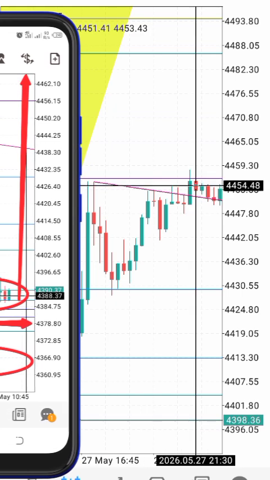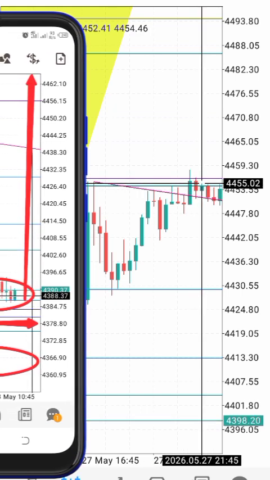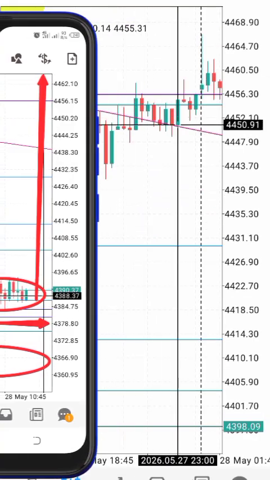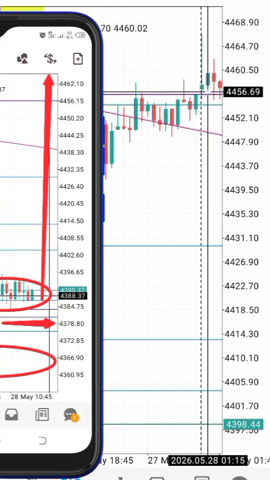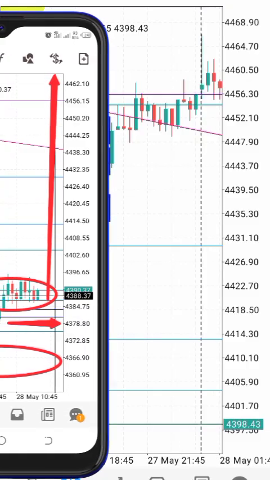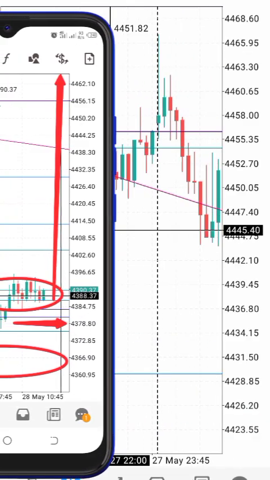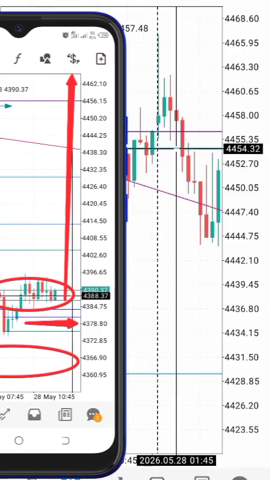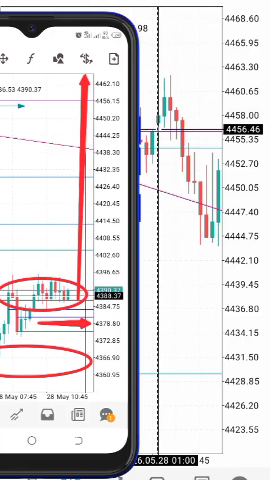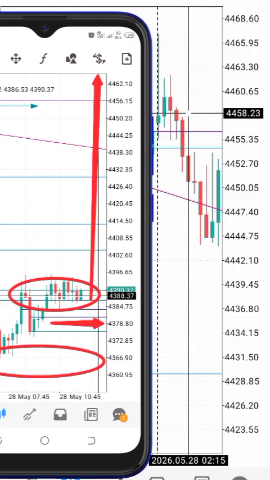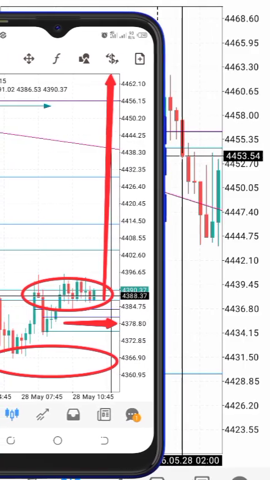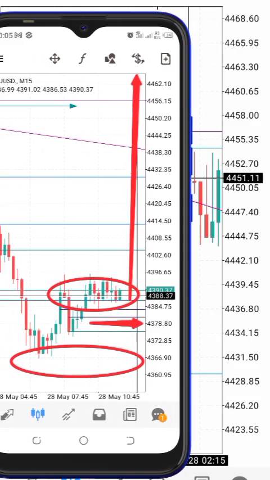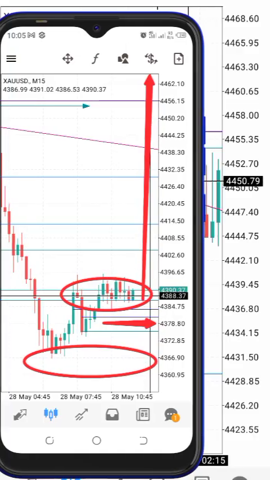We saw the market breaking above 4456. We waited for it, and we want to see the market return after the break, and we take our entry at 4450. The first break stayed above it and then came down below it. Coming down below it, the market moved to 4450 and we took our sell entry.